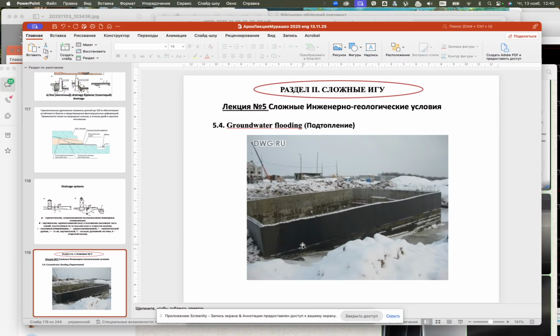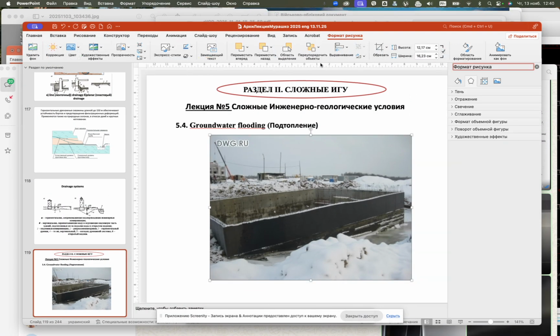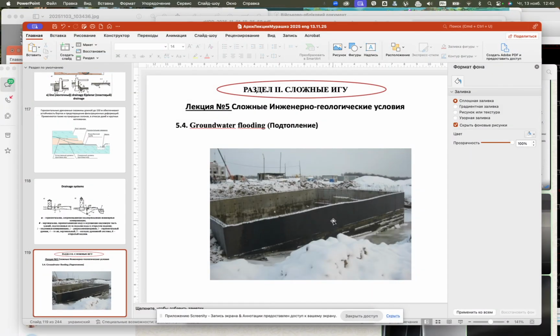Oh, by the way, there's also an interesting situation. Sometimes the level of underground water increases significantly, and a situation which I found on the internet shows this: it was in autumn when the level of underground water increased significantly, and this water filled the foundation structure.